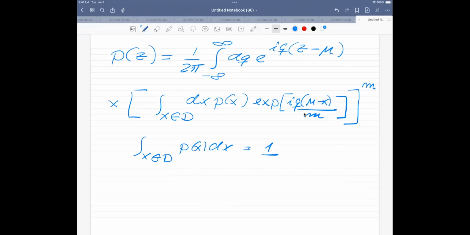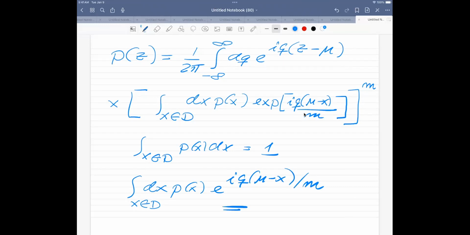So when we do that, if we look at one of these integrals, let me just take away the infinity signs. I don't need to define them, but normally we would assume that x goes from minus infinity to plus infinity, so we don't lose anything there. Then we have e to the i q times mu minus x divided by n. So let's look at this integral. What we do now is simply Taylor expand the exponential.